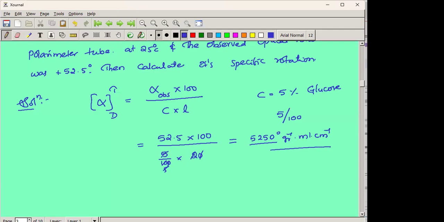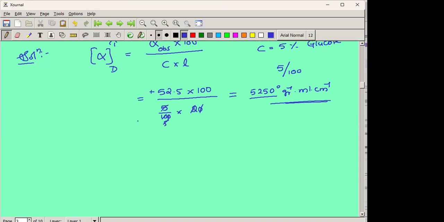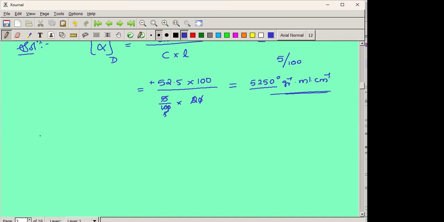This is the method to calculate the specific rotation of a molecule. Since it is given with a plus sign, the molecule is dextrorotatory. Now, factors affecting specific rotation.